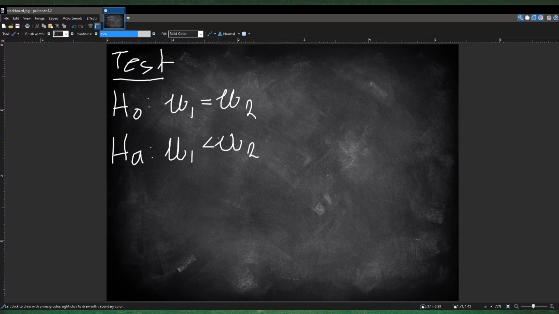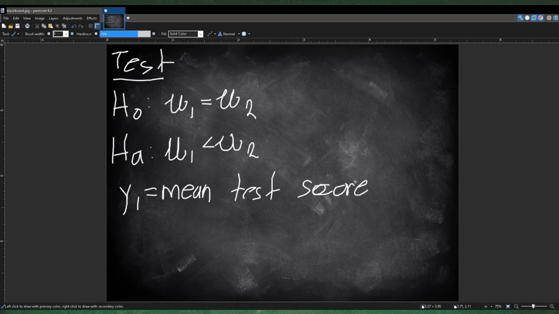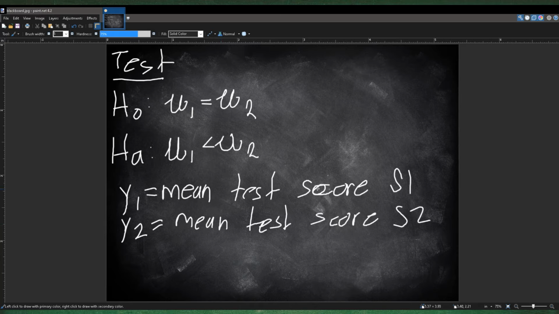And then you basically define your variables. So your y1 is the mean test score for student 1. I'll just call it S1, student 1. And y2 is the mean test score for student 2.